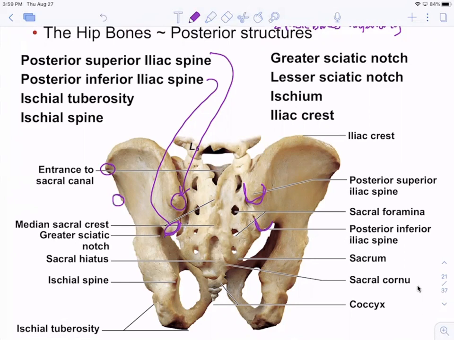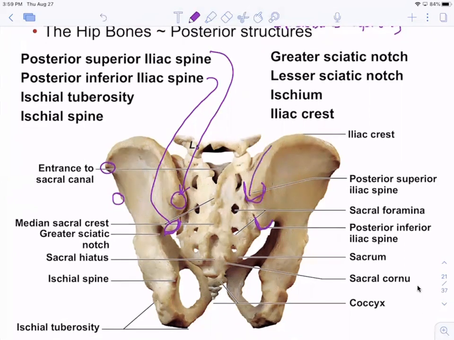So these are landmarks that we look for. The iliac crest is up on both sides, and it connects the anterior superior iliac spine to the posterior superior iliac spine. So it connects those two.